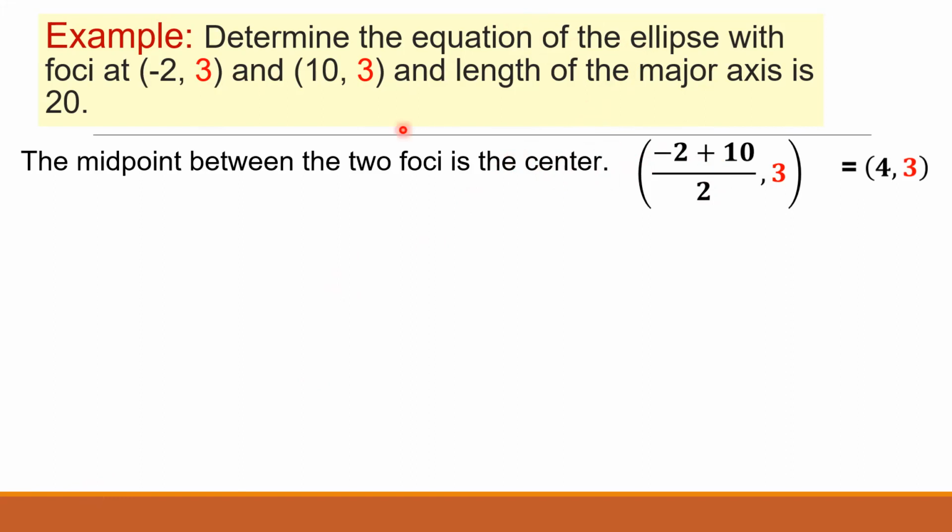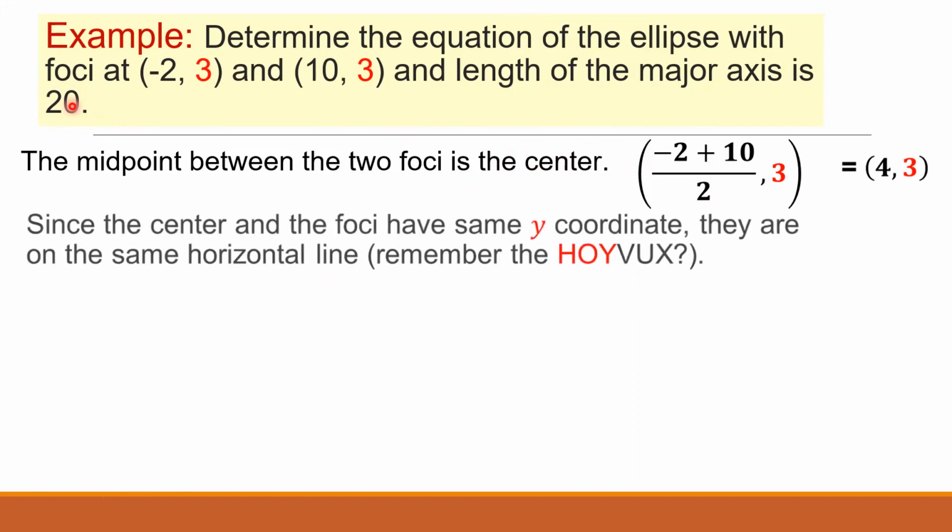Okay? Ano yung role nung 20 na to? This refers to the length of the major axis. Okay? This is 2A. So, if this is 2A, that means, di ba? By the way, since the center and the foci have the same y coordinate, ibig sabihin, we have a horizontal major axis. Okay?